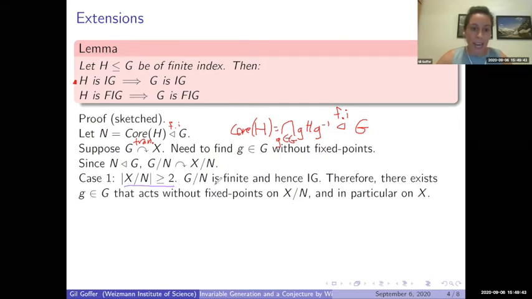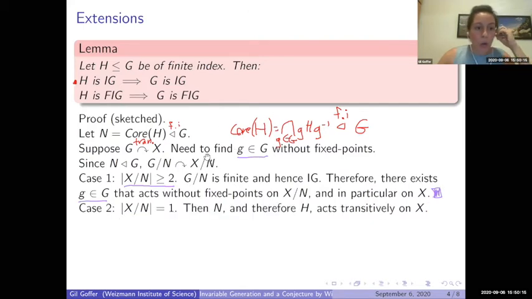In this case, I can use the fact that G mod N is finite, and therefore it's IG. Using the third definition, I can find an element acting without fixed points on the set of orbits. But if it has no fixed points on the set of orbits, then obviously it has no fixed points on X. So I found the element I want.